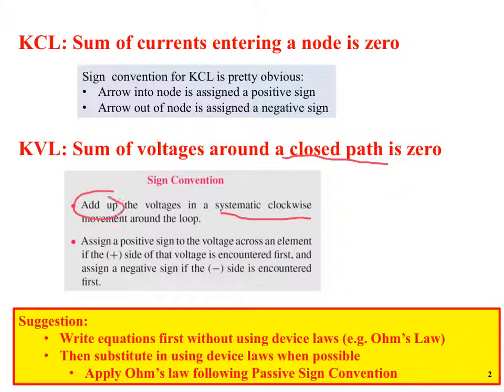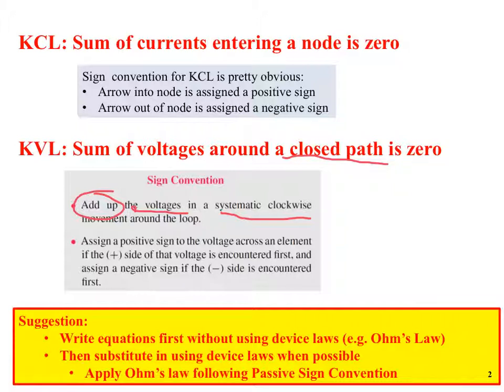So that adding up will require some positives and negatives. We're going to add up the voltages, and here we're not adding up numbers, we're adding up symbols that represent the voltages that we're ultimately wanting to find. So we don't necessarily know what those numbers are, so we're not adding up numbers, we're adding up symbols.